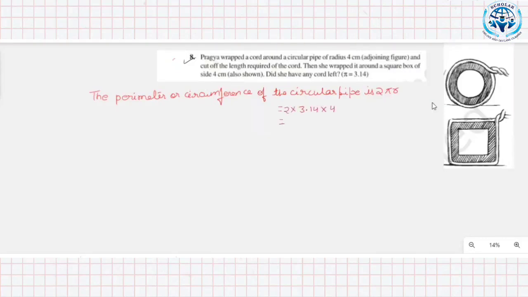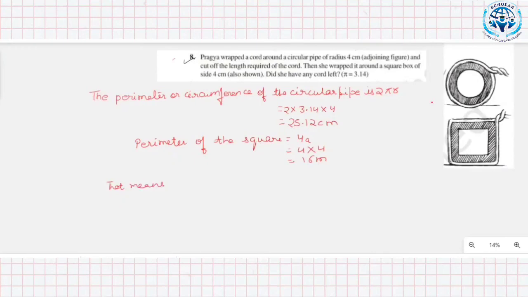The perimeter or the circumference of the circular pipe will be calculated to know how much cord is required to wrap the full pipe. The circumference is 25.12 centimeter as it is circular. We have used the formula for circumference of the circle. Perimeter of the square is calculated to know did she have any cord left with her.